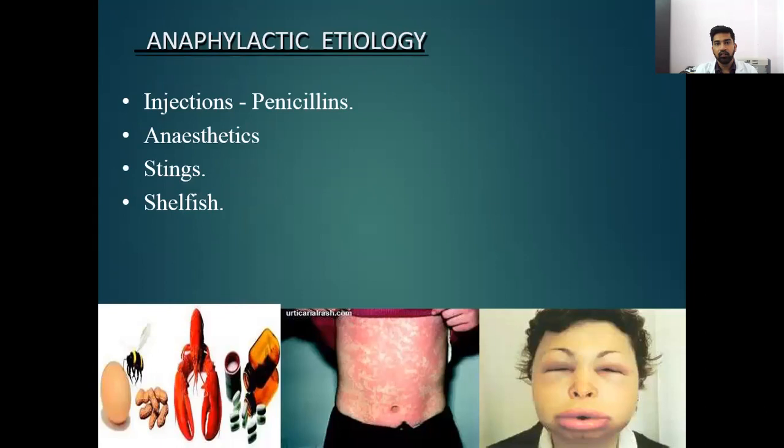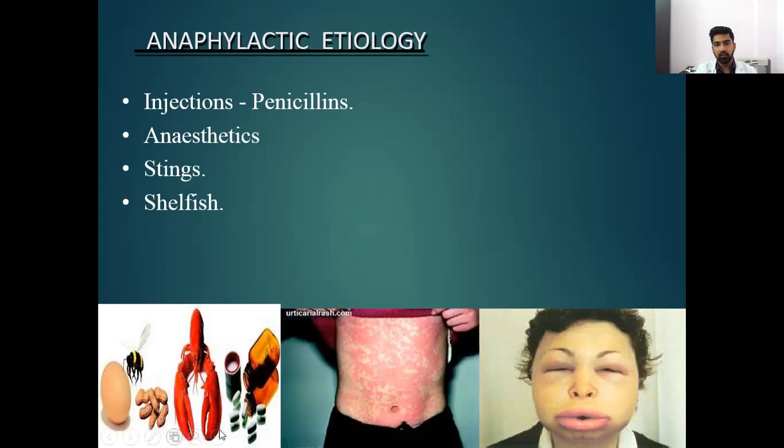Anaphylactic shock. Anaphylaxis generally means allergy. Allergy occurs due to a stimulant which can result in a severe hypersensitivity reaction and cause death within minutes. Common allergens include bees, food materials, penicillin, other medications, stings, shellfish and anesthetic drugs.